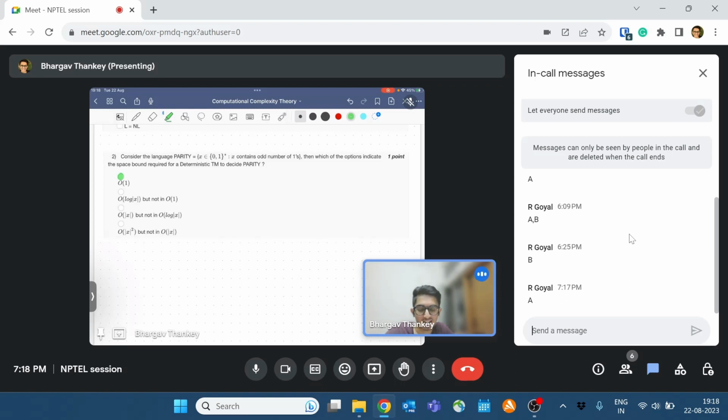But the thing is, regular languages are in O(1) because you have a deterministic finite automaton, and you want to simulate that automaton. All you need to do is the following. First, you write down the description of that automaton on your work tape.